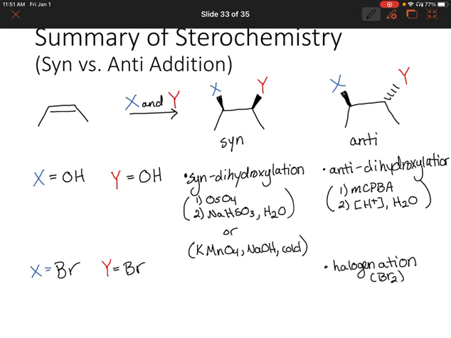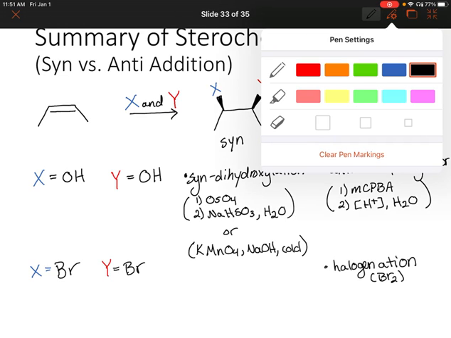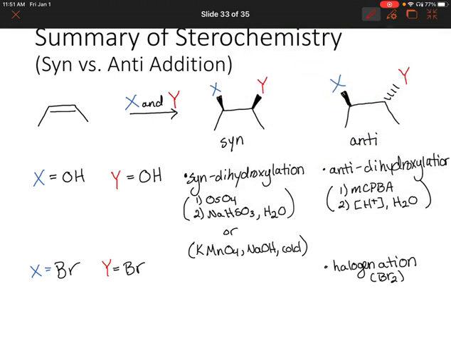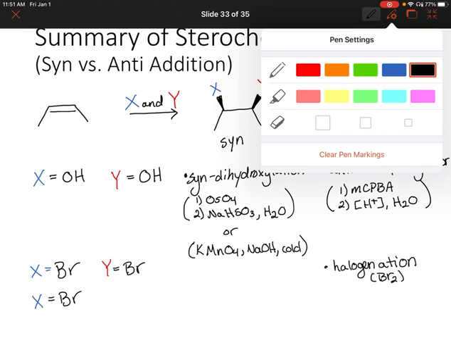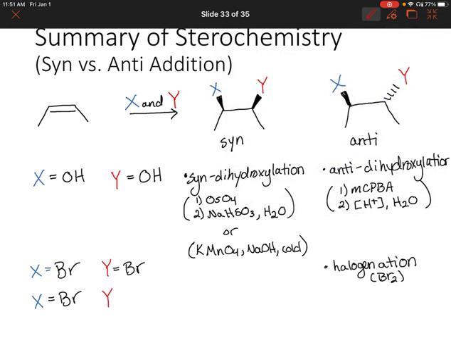Okay, what if we want to add bromine on one side and OH on the other side of the double bond? So let's say that X is bromine, but Y is an alcohol. Which reaction do we use? The halohydrin reaction.